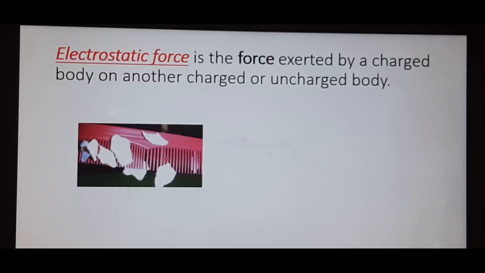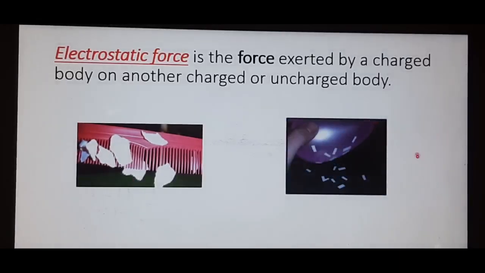Because on rubbing with your hair, this comb will acquire charge. Now this comb is a charged object, but the paper is uncharged. So the charged object will start attracting this uncharged object. It can attract a charged object also, but the main thing is this force is exerted by a charged object.